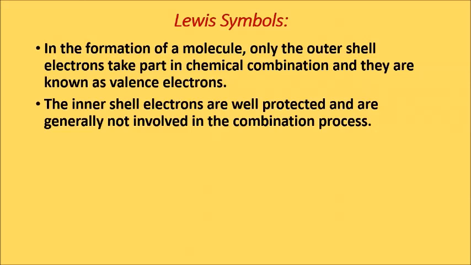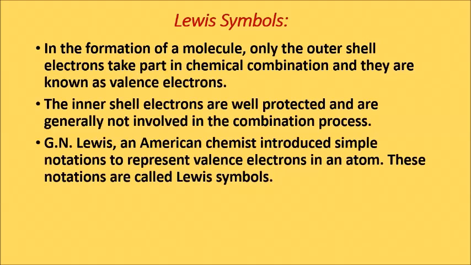G. N. Lewis, an American chemist, introduced simple notations to represent the valence electrons in an atom, and these notations are called Lewis symbols. So we represent an atom's outermost electrons as the Lewis symbol.